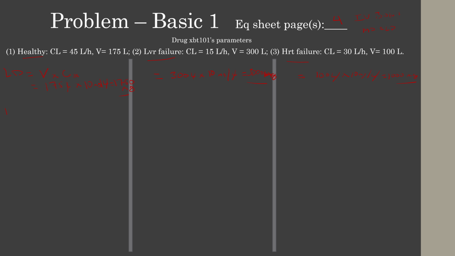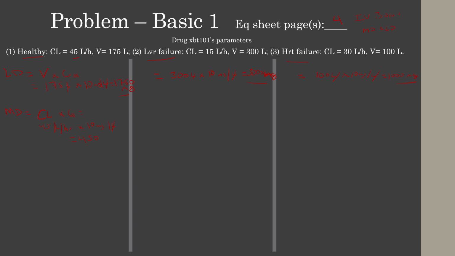What about maintenance dose? Well, maintenance dose off of that equation sheet is equal to clearance times concentration at steady state, which if we get the clearance from up here, we can do 45 liters per hour times 10 milligrams per liter. This time the liters cancel out, and that gives us 450.